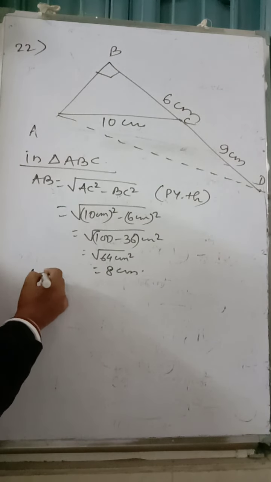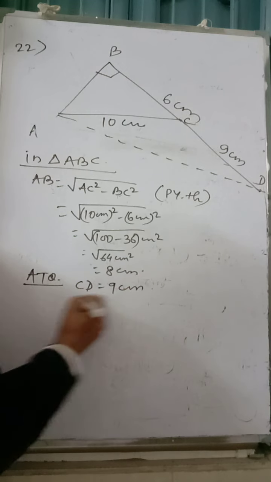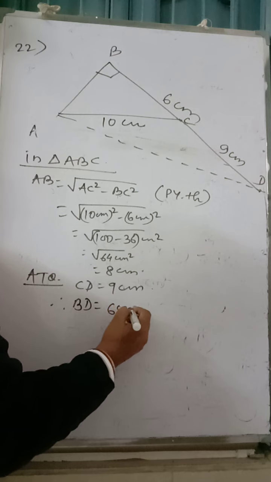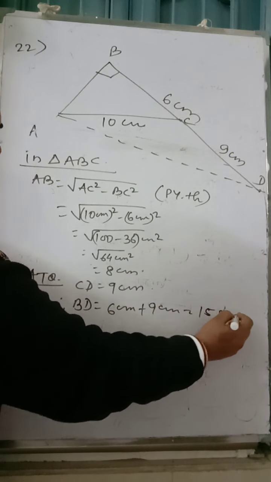According to the question, CD is equal to 9 centimeter. So that's what BD will be, 6 centimeter plus 9 centimeter, 15 centimeter.